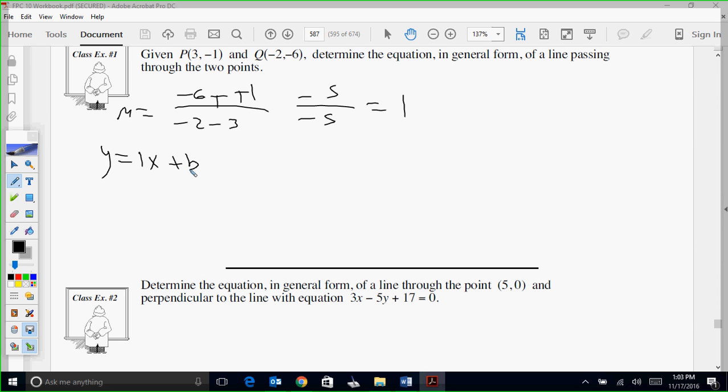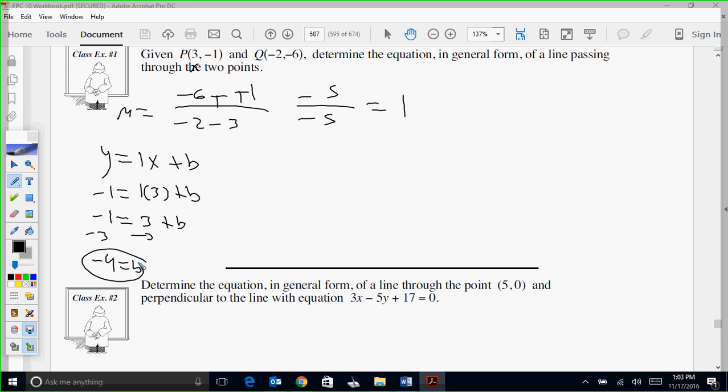I'm going to take a point. It doesn't matter which one. I'll take this one. I'm going to put the 3 in for x. I'm going to put the -1 in for y. And I'm going to solve for b. B is -4.